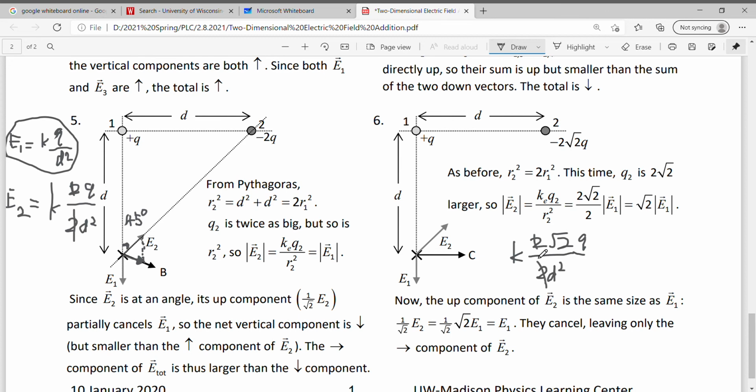Canceling this out, it is equal to root 2Q over D squared times K, and this relationship holds. So now we know the direction of E2 and E1 and also the magnitude of E1 and E2. This is 45 degree because of the direction.